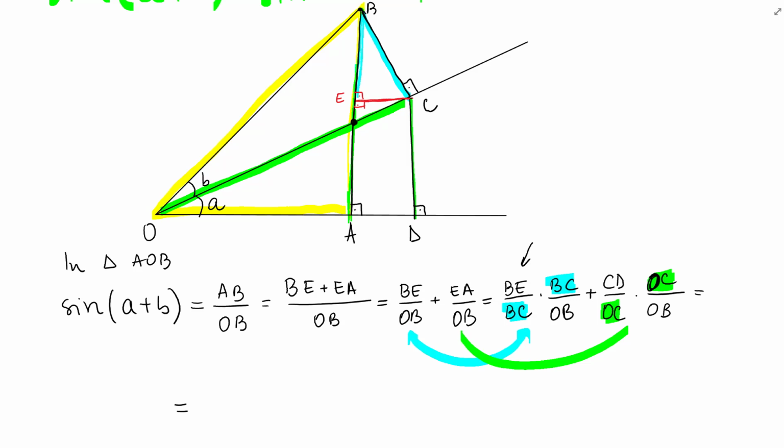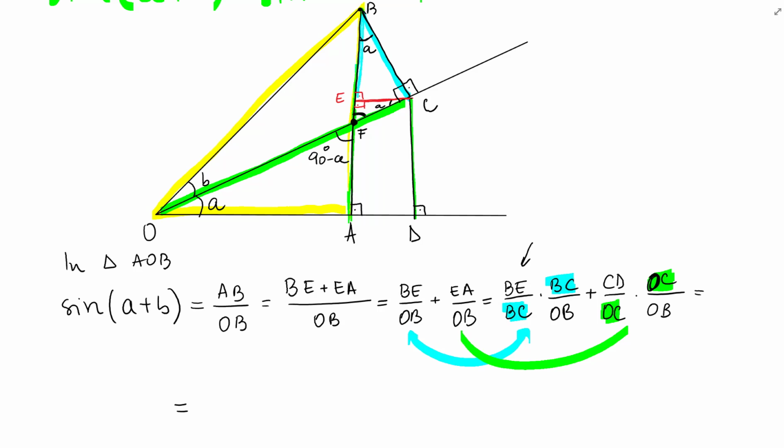Now, looking at the right triangle, let me call this F. Looking at the right triangle OAF, this angle would be 90 degrees minus A. This one is opposite, so it would be 90 minus A as well. So this angle here is going to equal A degrees. So the same, because this one is 90 degrees and this angle is 90 minus A, this angle will be A as well.